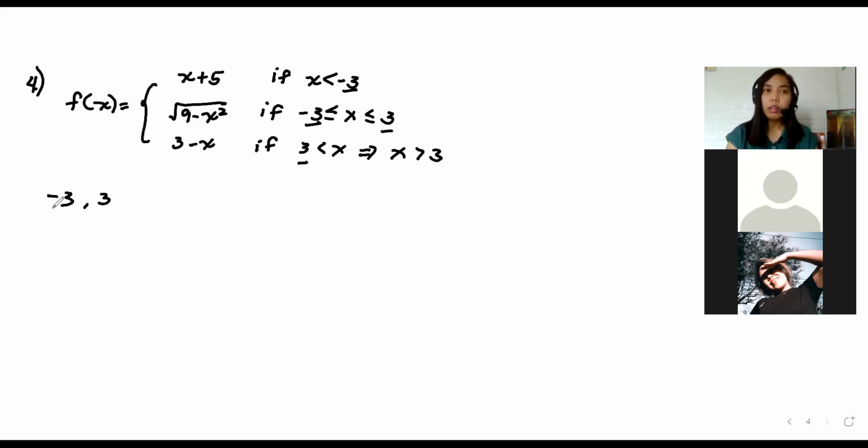So we need to get the limit of the function as x approaches -3 from the right, from the left, as x approaches 3 from the right, and as x approaches 3 from the left. So, ibig sabihin, meron tayong 6. Okay? Left at right ni -3, left at right ni 3. So, let's have first -3.